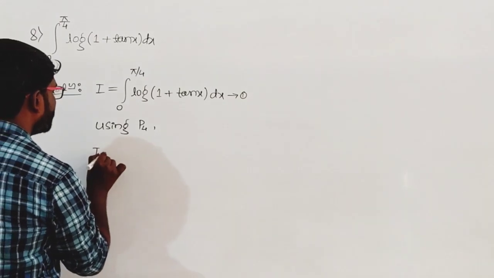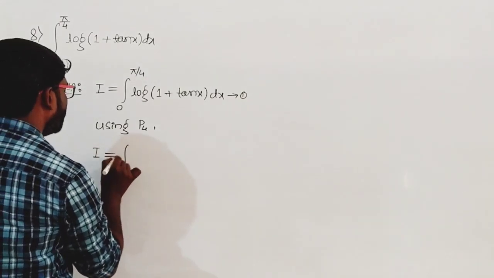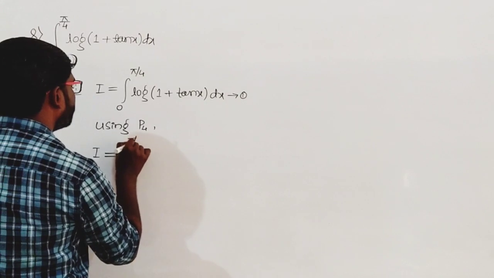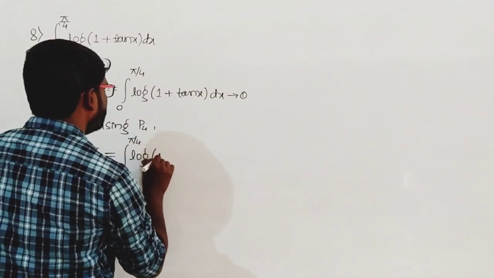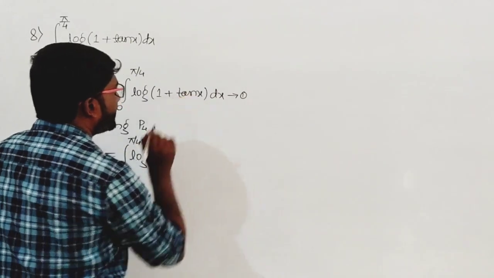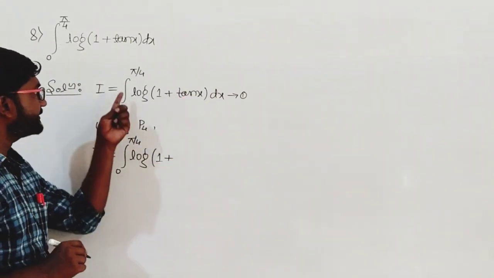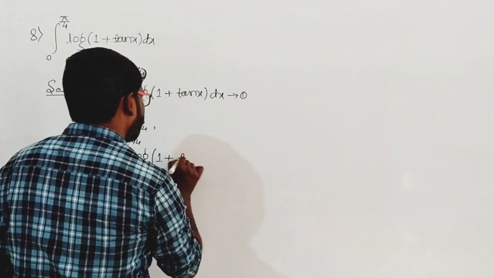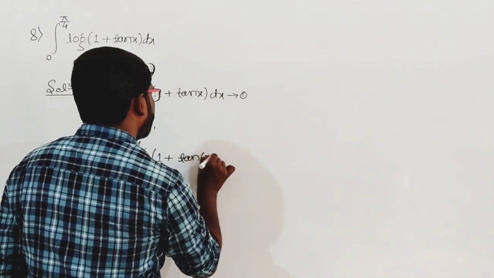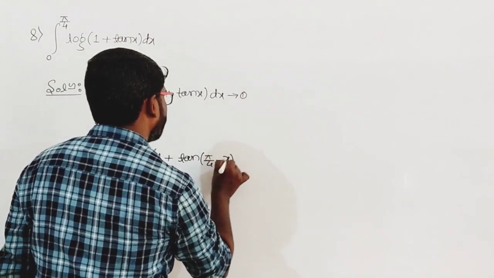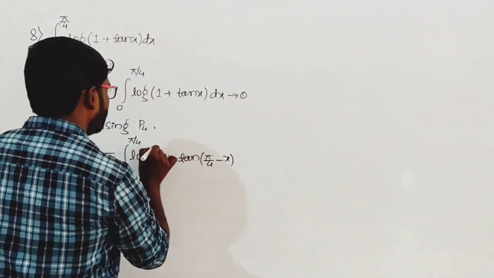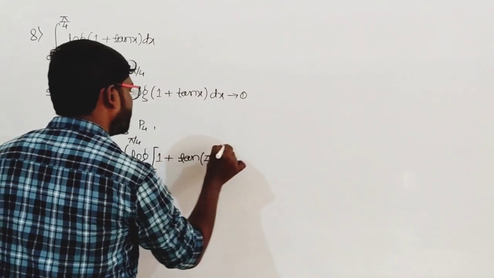I is equal to integral 0 to pi by 4 log 1 plus, in place of x I have to write a minus x, that is pi by 4 minus x, tan (pi by 4 minus x) dx.